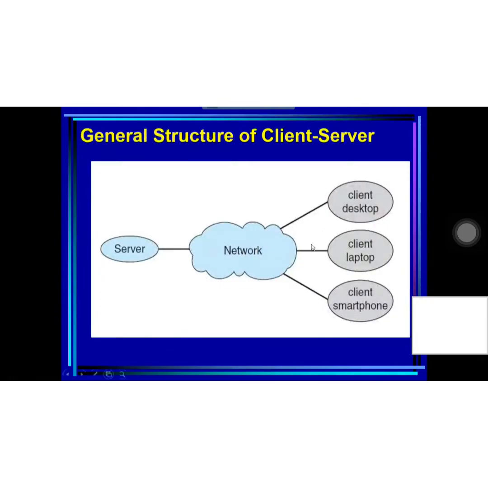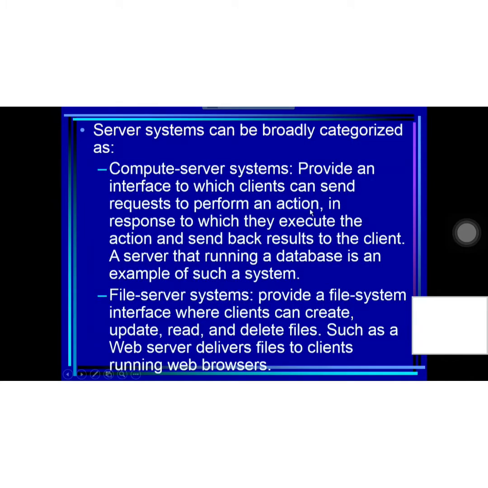Server systems can be broadly characterized as compute servers and file servers. A compute server system provides an interface to which a client can send a request to perform an action. In response, the server executes the action and sends the result to the client.